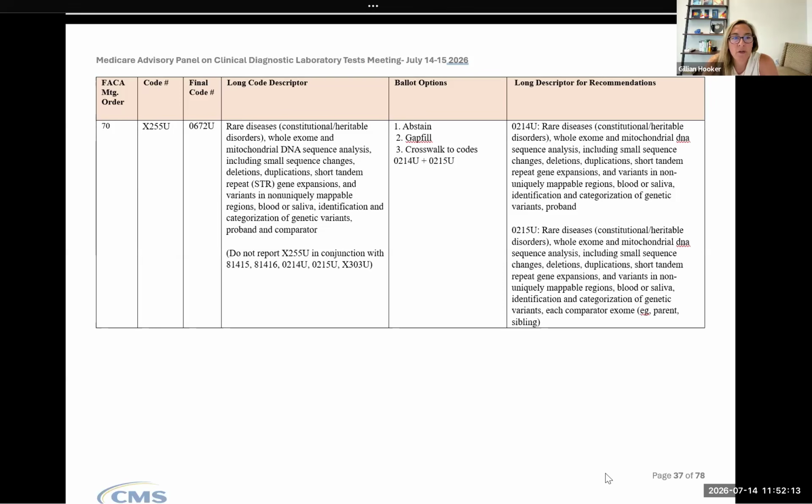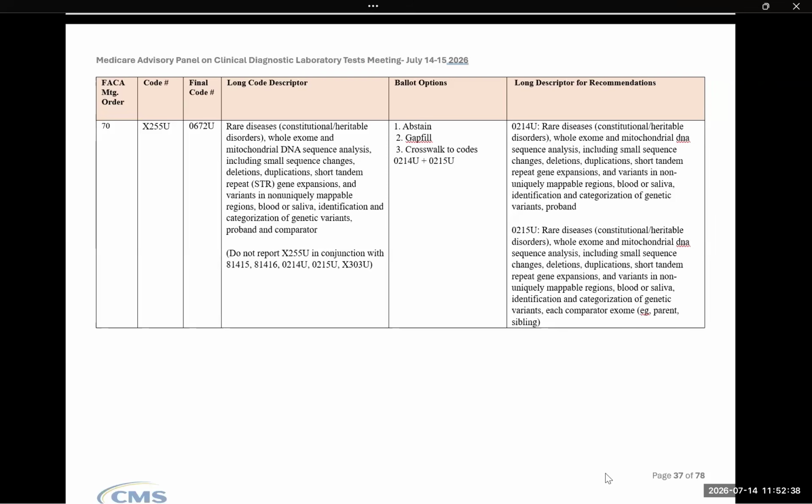This code is for the proband plus one comparator. The sponsors recommended 0214U plus 1 unit of 0215U, which is the comparator previously priced. And the panel and myself agree with this recommendation for that crosswalk.